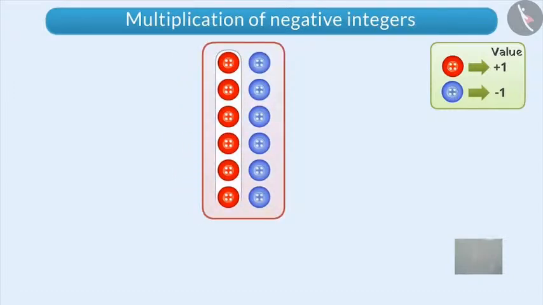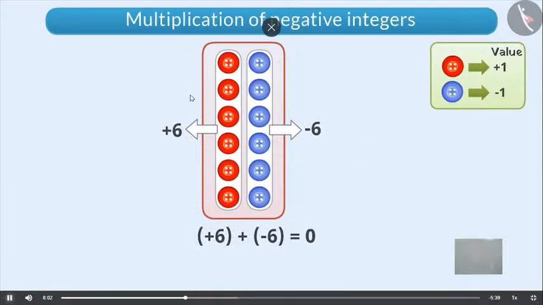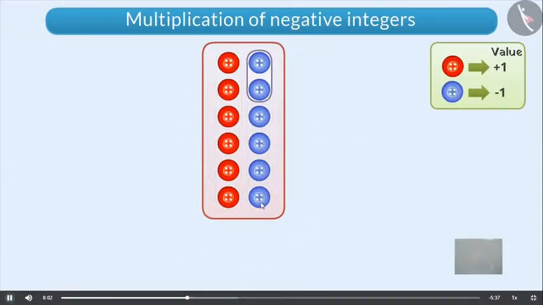Since the red and blue buttons are equal in number, the value of these 6 groups will be 0. Now let's make a group of 2 blue buttons and make 3 such groups. Can you tell what will be the value of one such group? You are absolutely right. The sum of minus 1 and minus 1 will be minus 2.